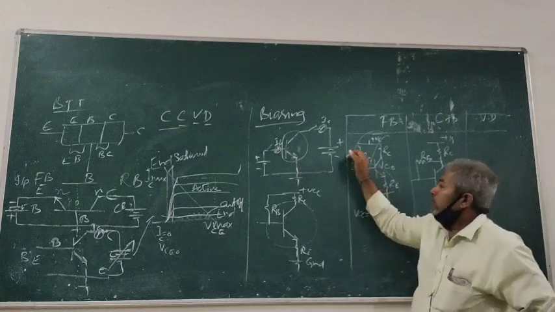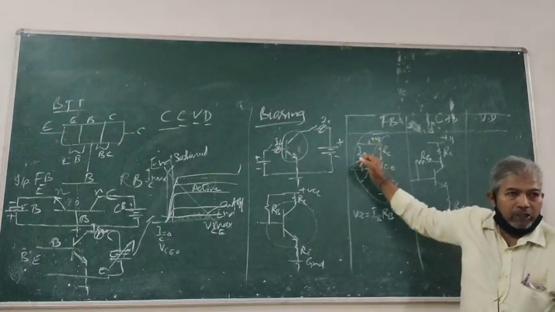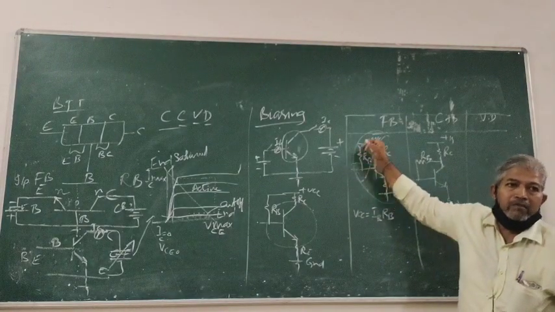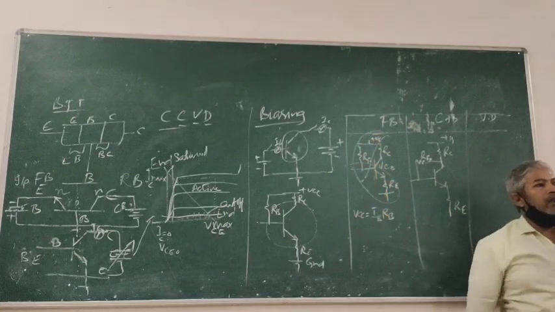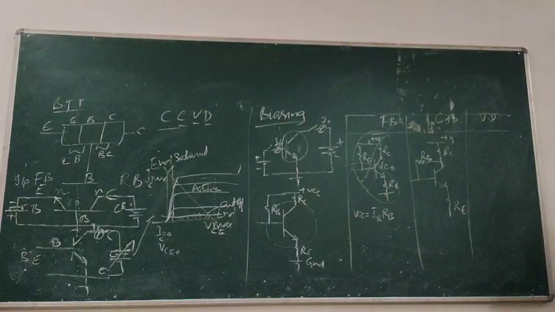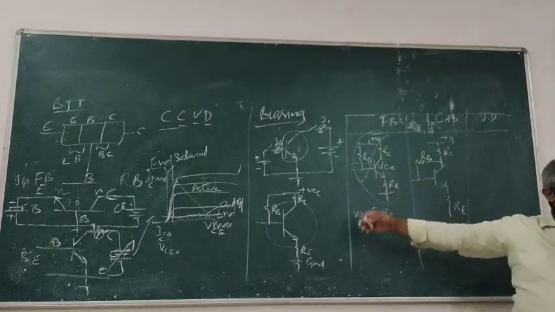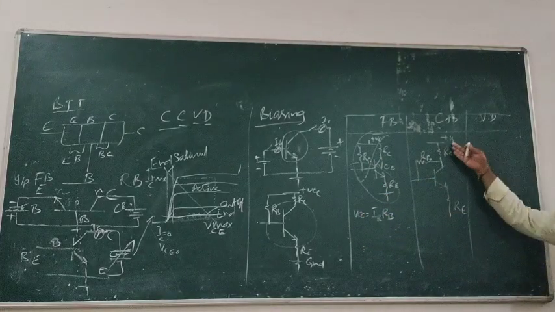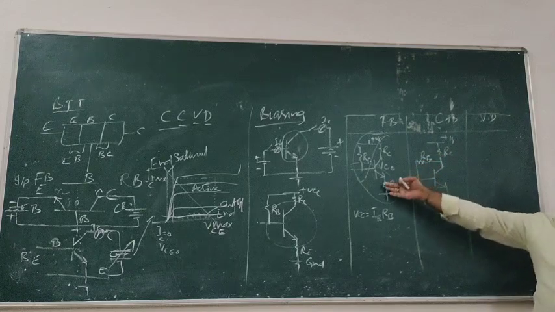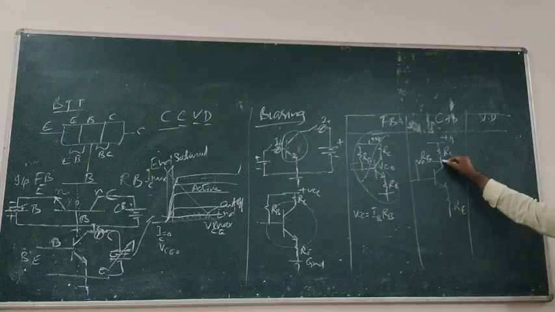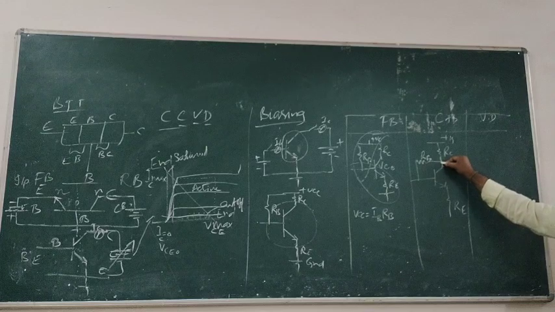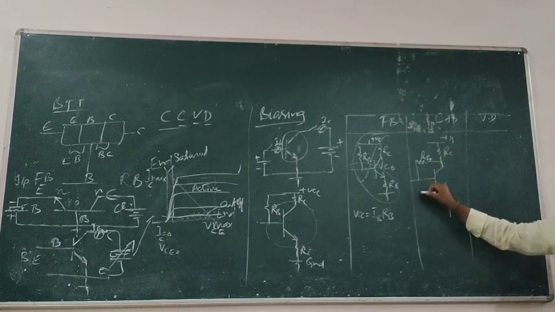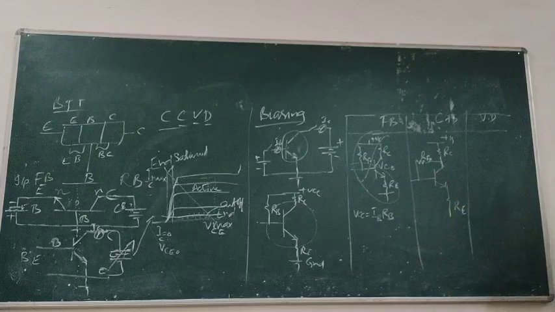In the earlier case we took it from positive VCC, that means from the supply only we gave the connection to the base of the transistor. But here we are not giving the connection from the supply to the base, we are taking it from the collector RC, and from that only we take it to the input section. That is called that.